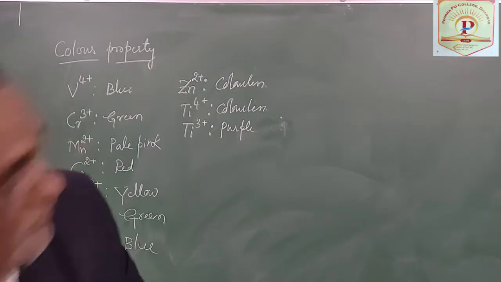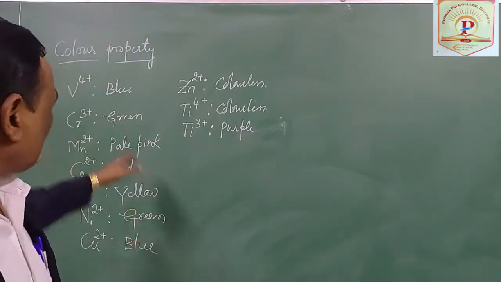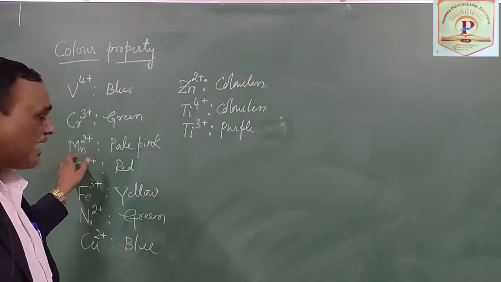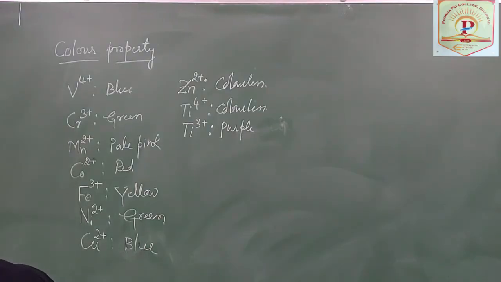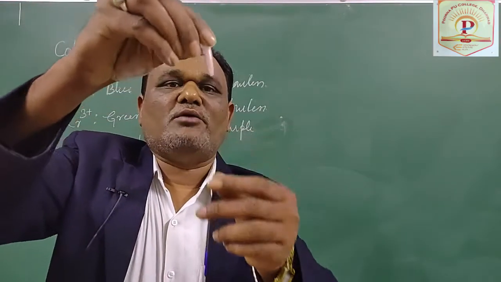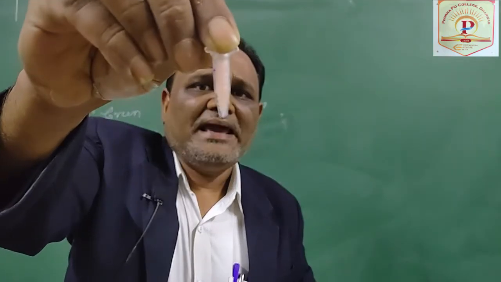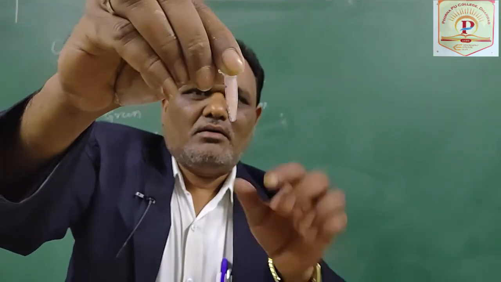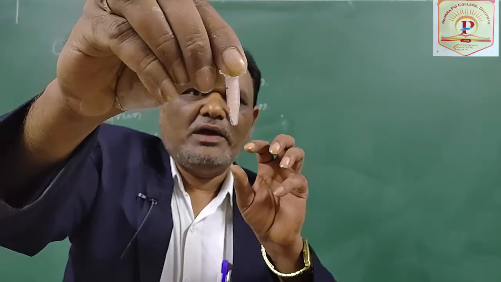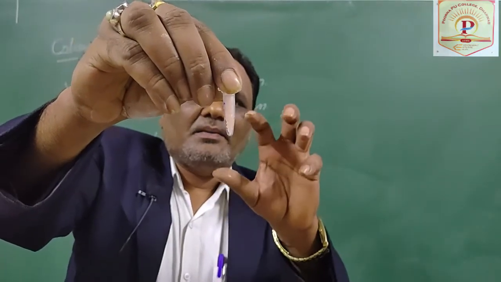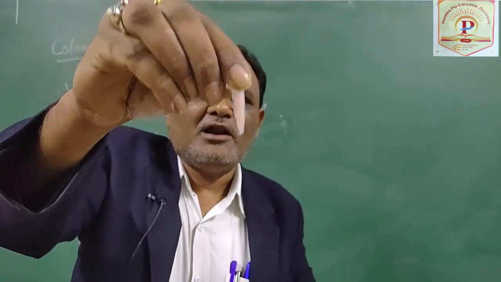I don't have the chromium 3+ salt, so let us take Mn2+. It is the manganese chloride which I brought. It is pale pink in color. If we observe this color keenly, we can see the very pale pink color.